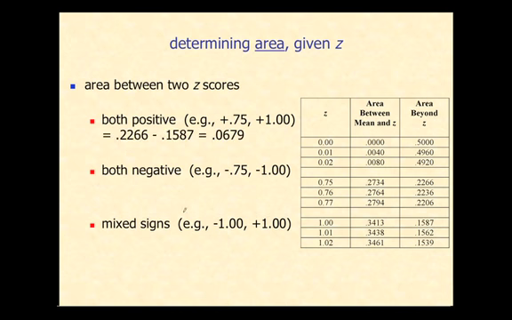So, for example, if we take two positive scores, we see that the area beyond plus 1.00 is 15.87%. The area beyond 0.75 is 22.66%.